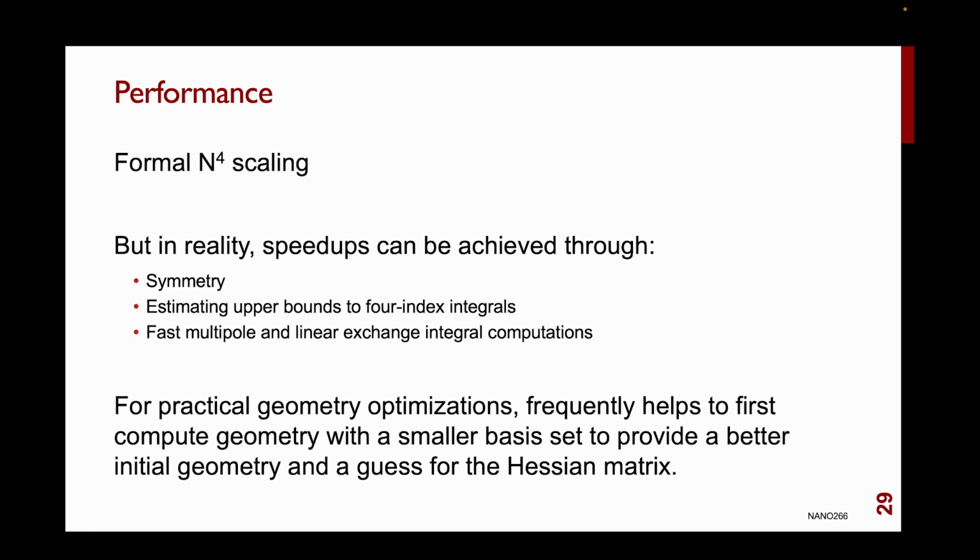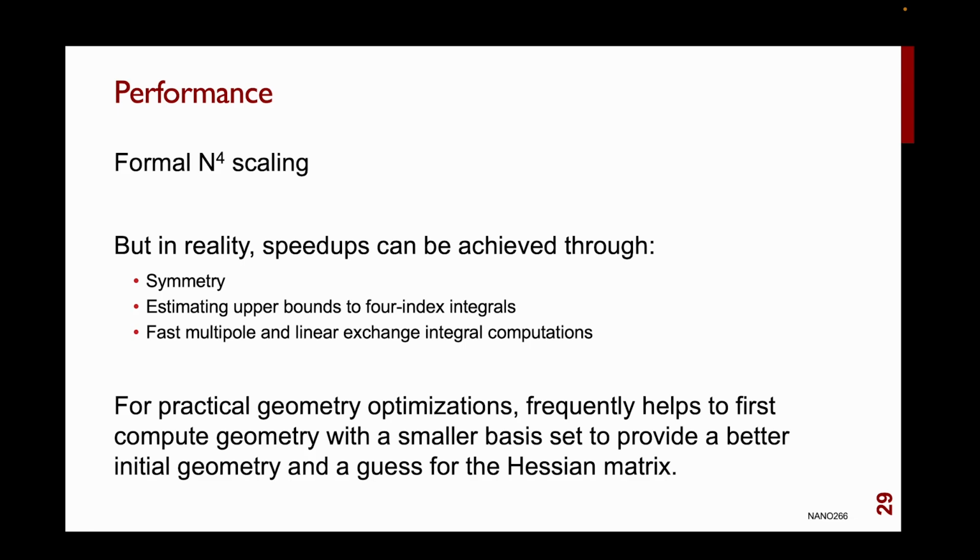You can also use numerical tricks like estimating upper bounds for your four-index integrals, which is what actually contributes to that N to the power 4 scaling. And you can also use fast multipole and linear exchange integral computations to speed up your calculations.